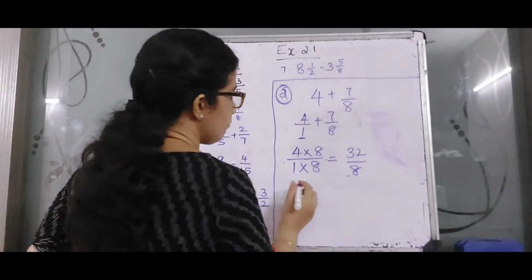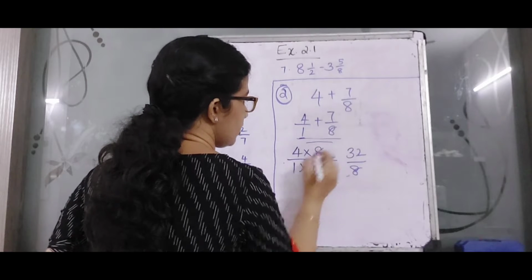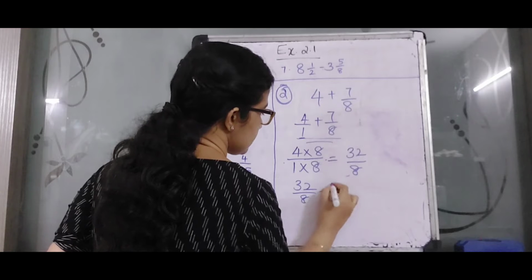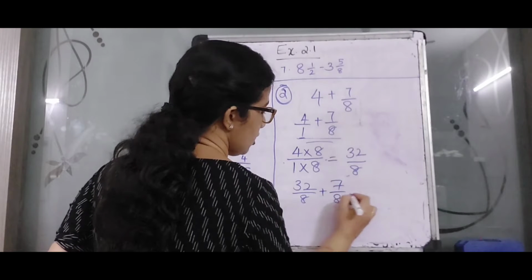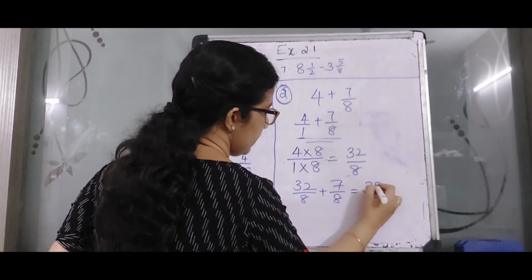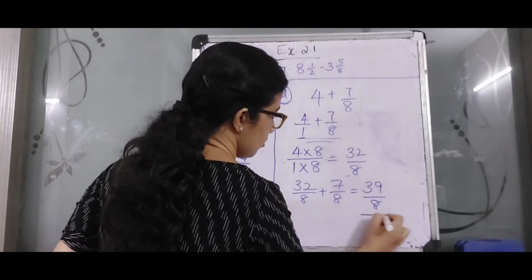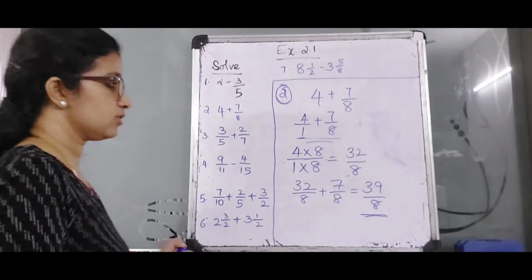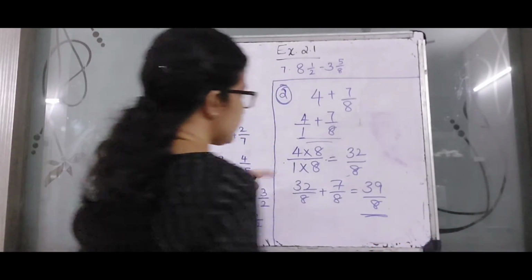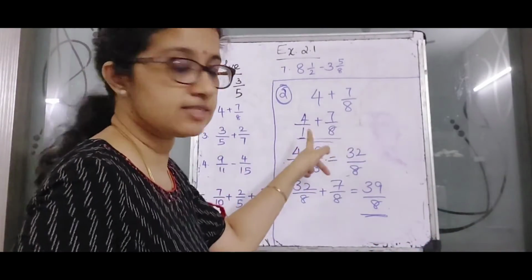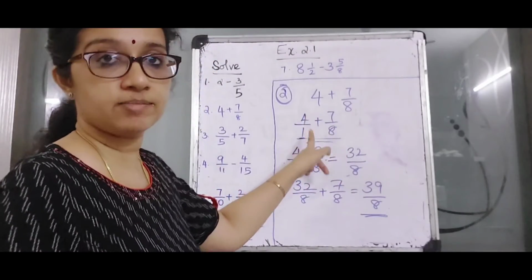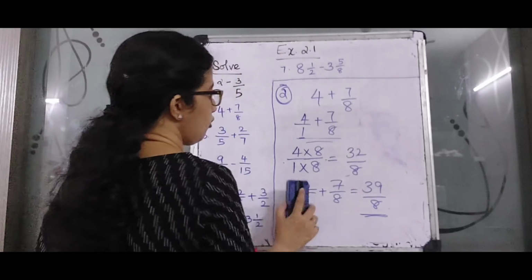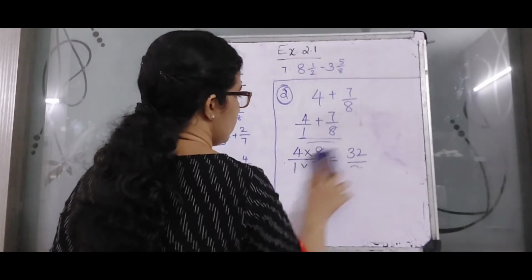Now we rewrite this as 32 by 8 plus 7 by 8, which is equal to 39 by 8. So this is the answer for the second question. This is very simple. The only thing is that you have to make the denominators the same so that you can add or subtract directly.